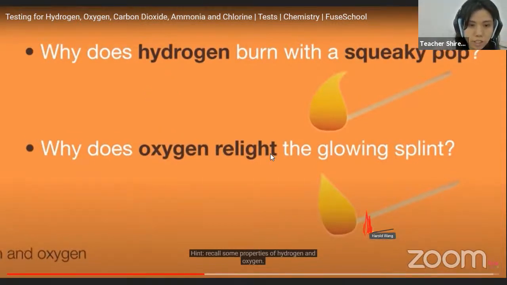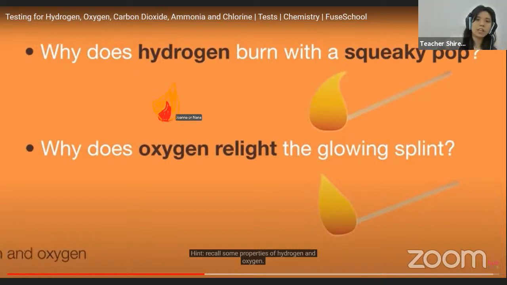Oxygen ignites a glowing splint. This also means that it helps combustion. Anything to do with burning is actually oxygen. So you see, oxygen ignites a glowing splint. It helps the combustion. Please type in the chat.